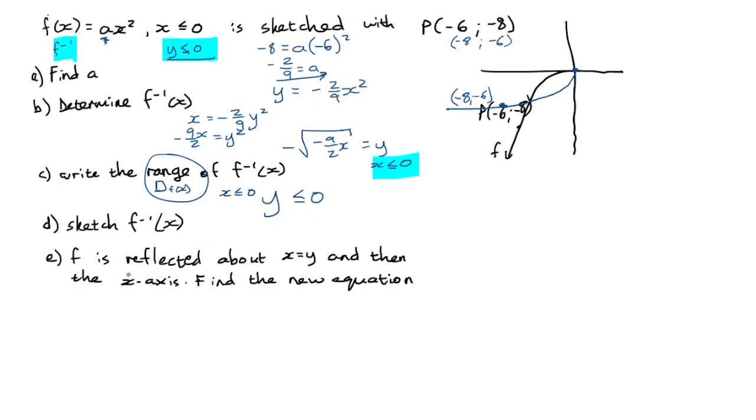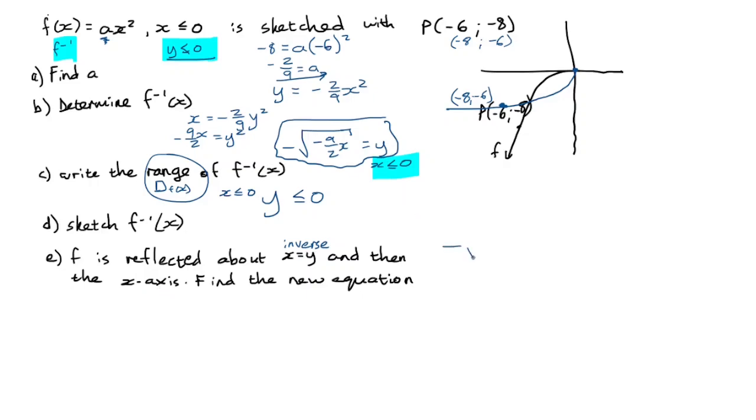Then the last question: f is reflected about the line y equals x. That is just the line that creates the inverse. Okay, so we've already done that here. Here is the inverse equation, so you don't need to redo anything. And then it's reflected about the x-axis. When I reflect about the x-axis, the y becomes negative.